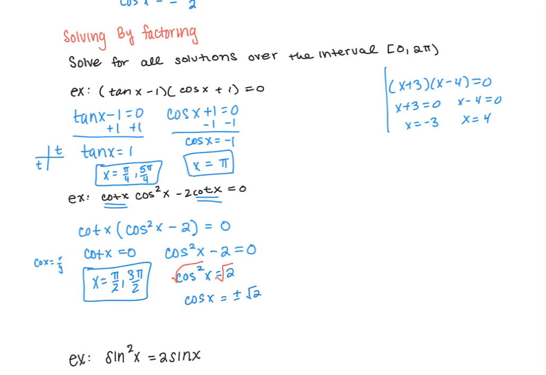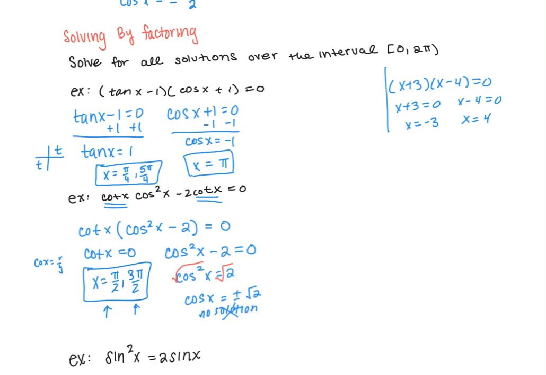There is nowhere on the unit circle that has an x-coordinate bigger than 1, because the largest your unit circle can go is 1. The radius is 1, so the biggest x-coordinate you can have is 1. So this one's actually not solvable, so there's no solution here. So these are your only answers right here, pi over 2 and 3 pi over 2.